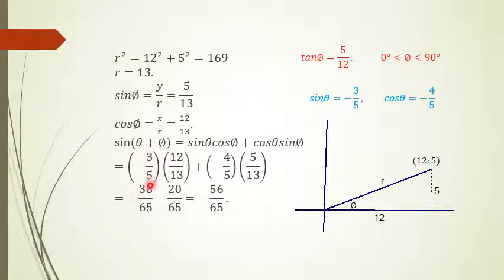Minus 3 times 12 is minus 36 over 5 times 13, which is 65. Minus 4 times 5 is minus 20 over 5 times 13, which is 65. These have a common denominator, so the numerator is simply minus 36 minus 20, which gives us minus 56 over 65. That's our final answer.